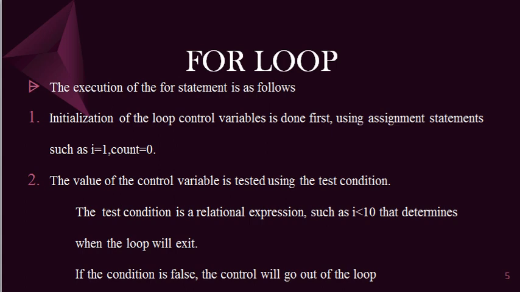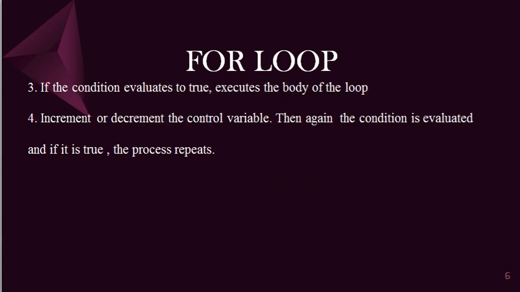If the condition is false, then it will never enter the body of the loop, it will exit the loop. If the condition is true, then the body of the loop will be executed and next the control variable is incremented or decremented.